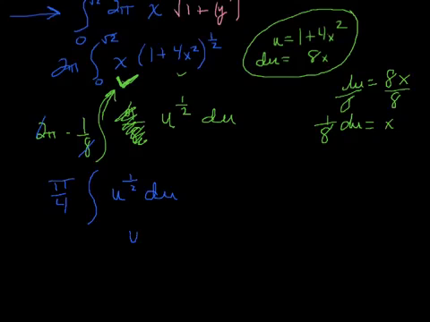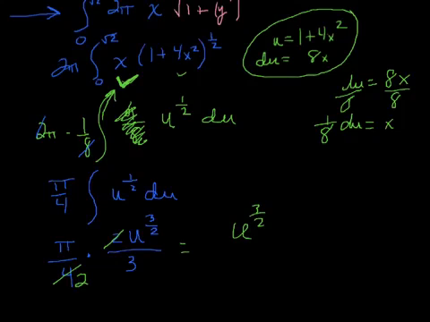I add 1 to my exponent, I get u to the 3/2. I divide by the exponent, which means flip it and multiply. And then that's times my little pi over 4. So I can cancel a 2 here. So I have u to the 3/2 power over 6, and then that whole thing is times pi.